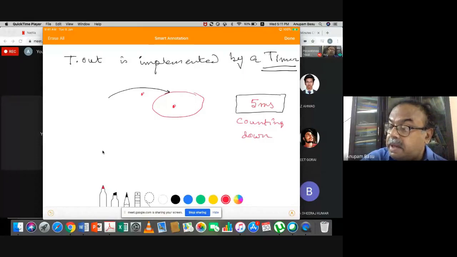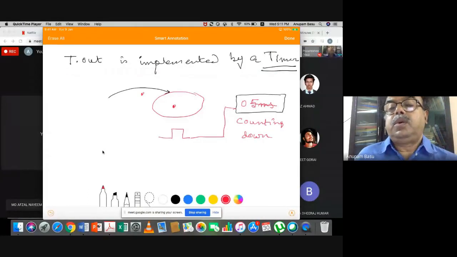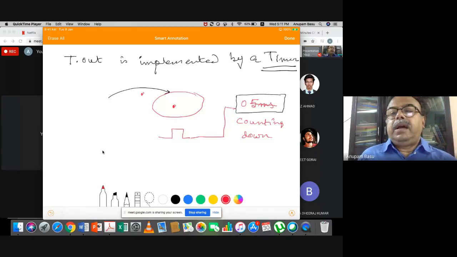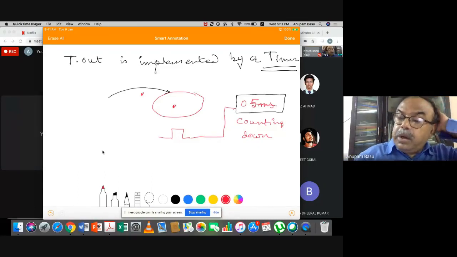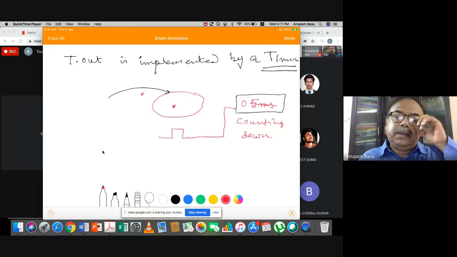As soon as it becomes 0, it sends an interrupt to the CPU, which stops and sees that it's a timer interrupt. And that means the current process, which was sitting in the registers, the program counter, all those things have to be saved.